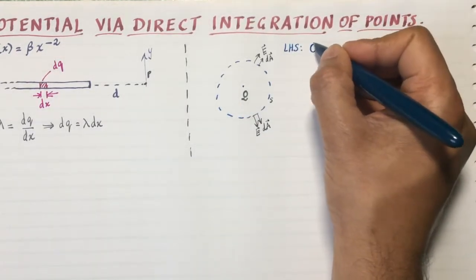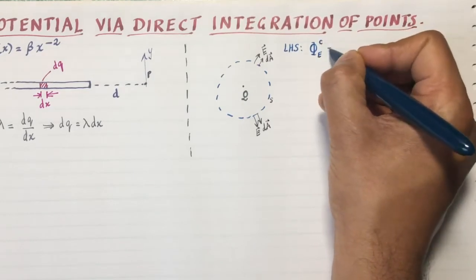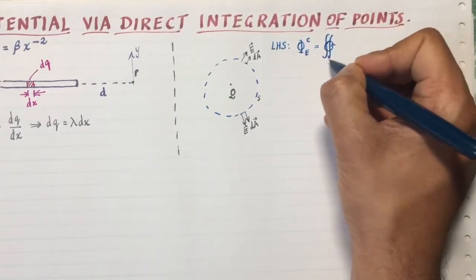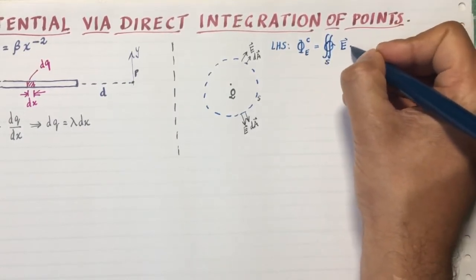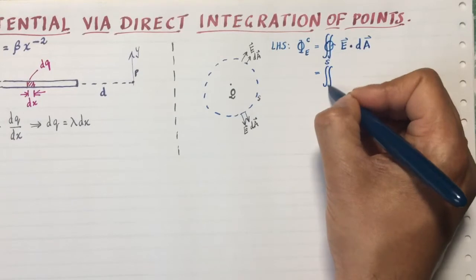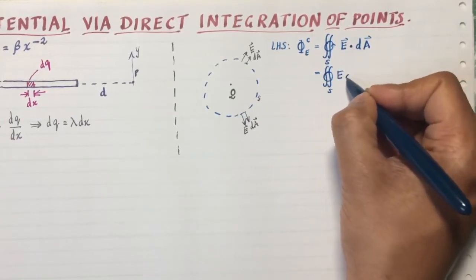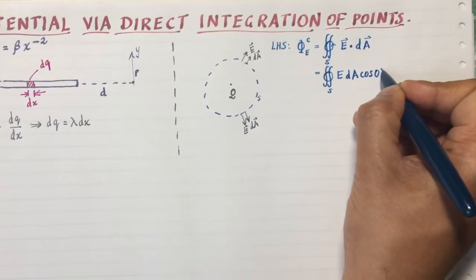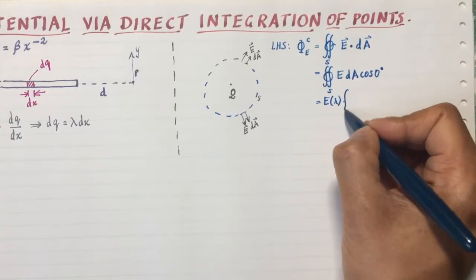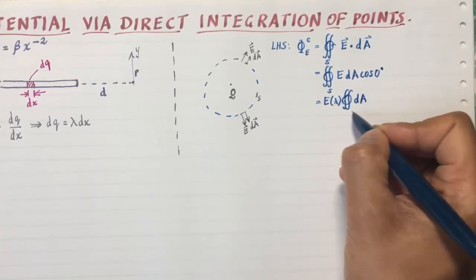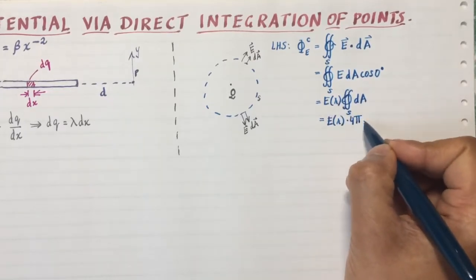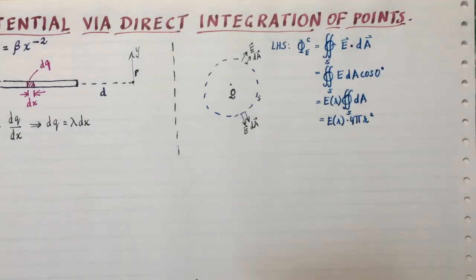The flux phi E closed, which is equal to the double integral oriented over the surface S of E dot dA, will be equal to the integral of E times dA times cosine of 0 degrees. I can pull the E outside, so that's E as a function of r, and then the double integral of dA, the area of a sphere, is just 4 pi r squared. So that nice 4-step process gives us the left-hand side.